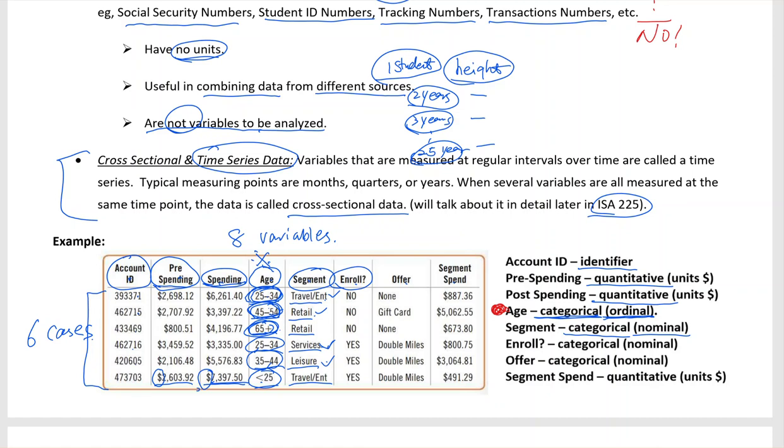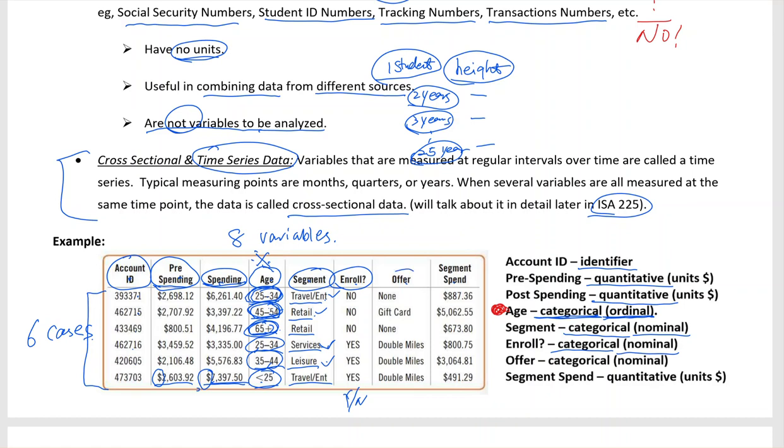The response will be yes or no. These two are the two categories for this variable. So of course it will be a categorical variable again. And since yes or no cannot be ordered, it will be a nominal variable.